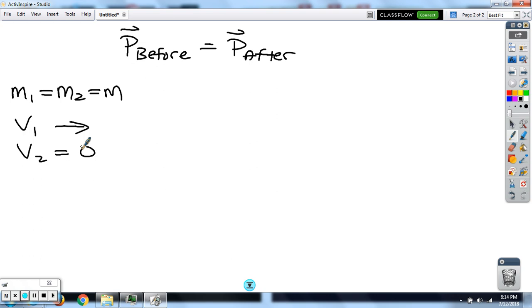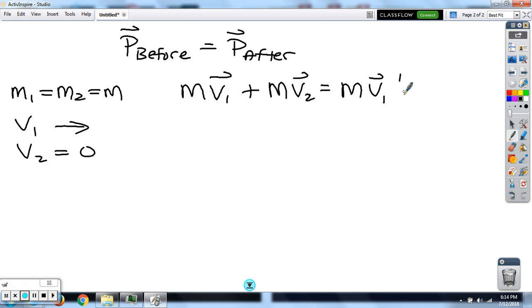So if we write our expression here, we're going to say that M1 V1, and that's a vector, plus M V2, equals M V1 prime plus M V2 prime. Now notice the first thing that happens here is that because the masses are all the same, all the masses disappear.